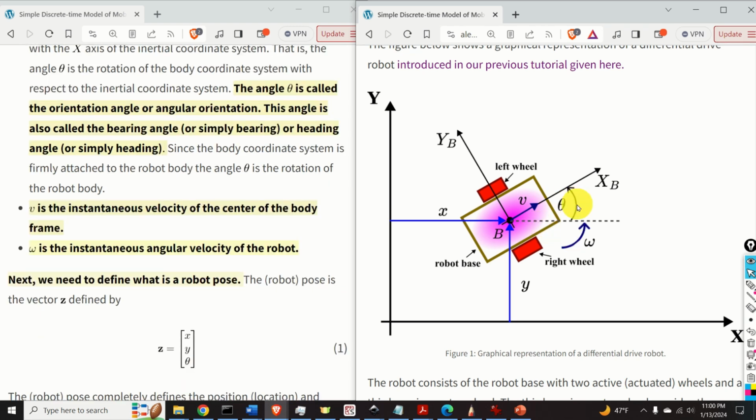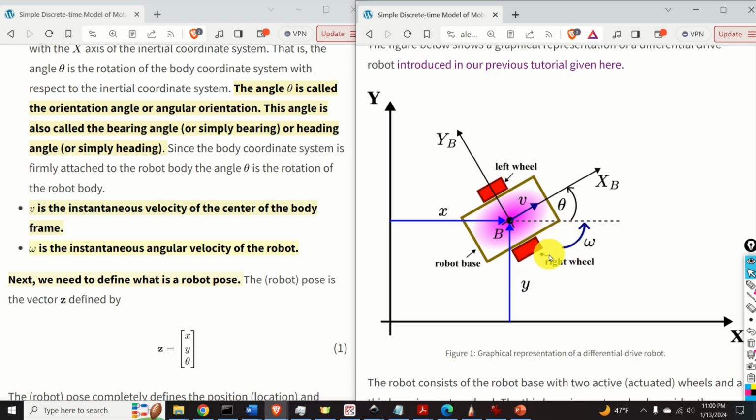The angle theta is called the orientation angle or angular orientation. This angle is also called the bearing angle or simply bearing. Also, this angle is called heading angle or simply heading. Since the body coordinate system is firmly attached to the robot body, the angle theta is the rotation of the robot body.